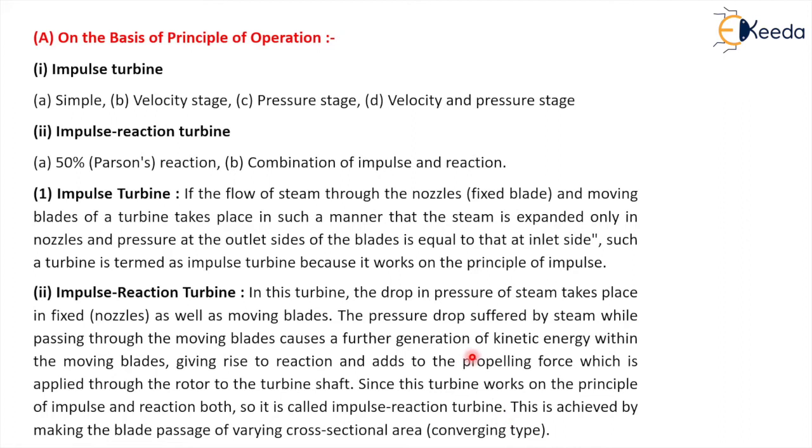In impulse reaction turbine, the pressure will decrease in the nozzle and also in the moving blade. But in impulse turbine, the pressure will decrease in the nozzle only. There is no change in pressure in moving blades. So this is the difference between impulse turbine and impulse reaction turbine.